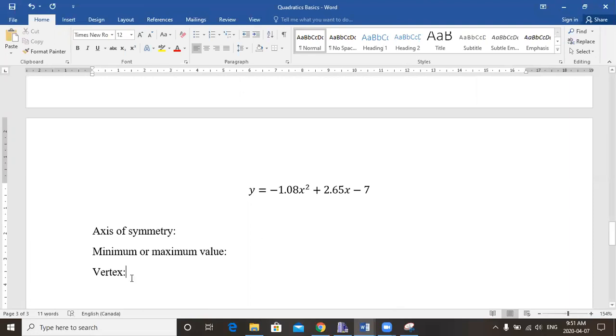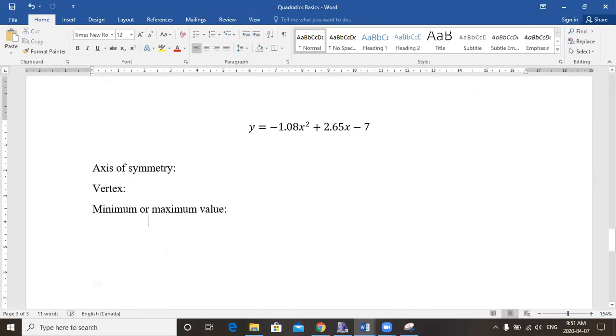Actually, we'll do the vertex first. The y-intercept, the x-intercepts, domain, and the range. Okay, so some analysis from this form.